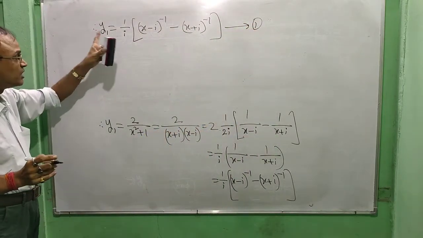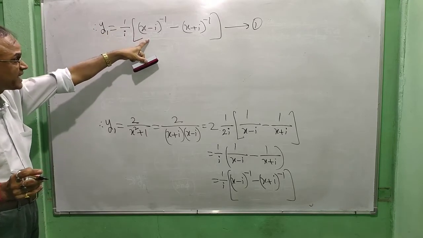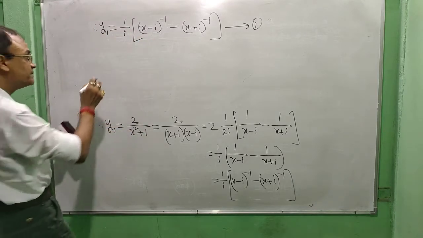To get yn, we have to differentiate 1 n minus 1 times.